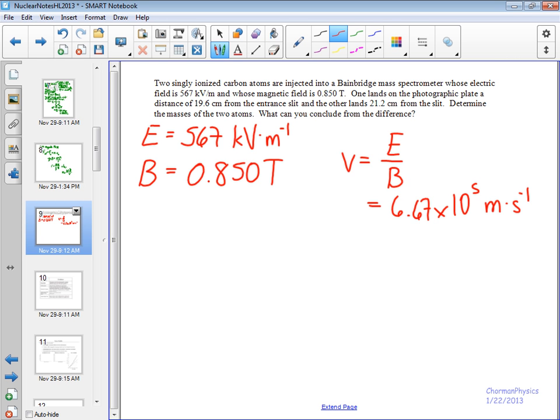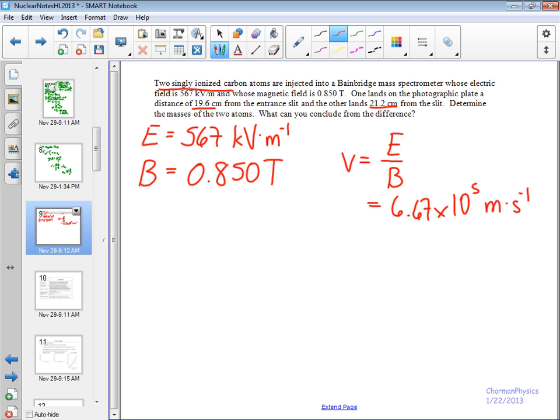So we have these two carbon atoms, and they'll be singly ionized. Once they've been accelerated up to that speed, they go through the magnetic field and they curve, and these are the two distances at which they land from the entrance. So if they come in at this speed, that determines the mass of one of these.